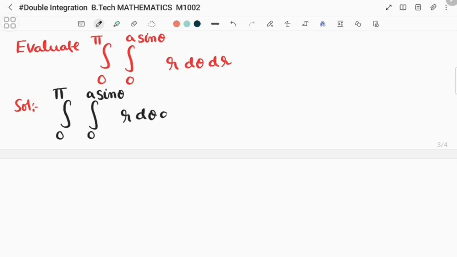Sin square theta is an even function, but we don't have a direct integral for sin square theta. We can apply a reduction formula, but in this case most of the students don't know about the reduction formula. So we will convert it in terms of cos. I'll write the formula here, dear students, don't worry.